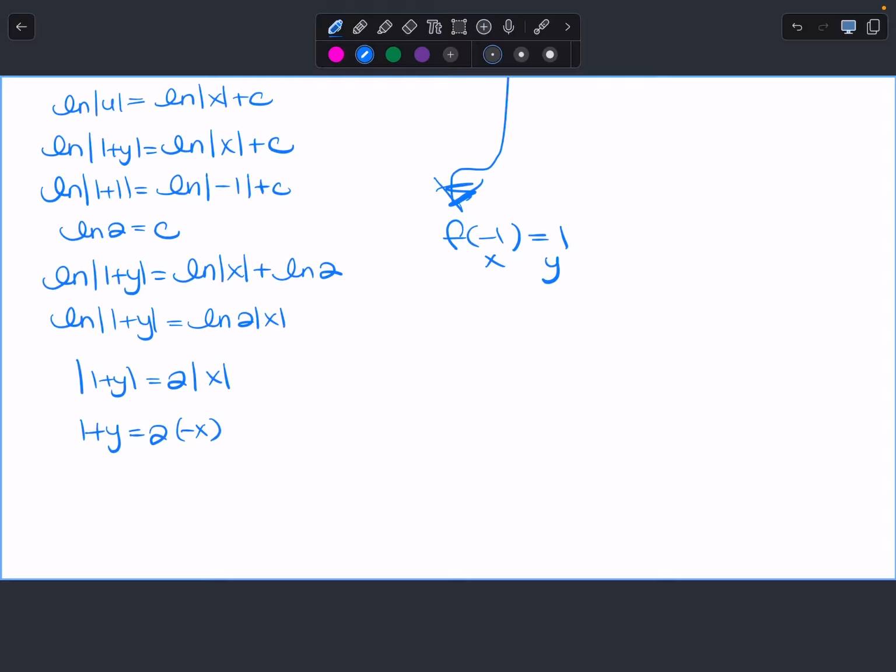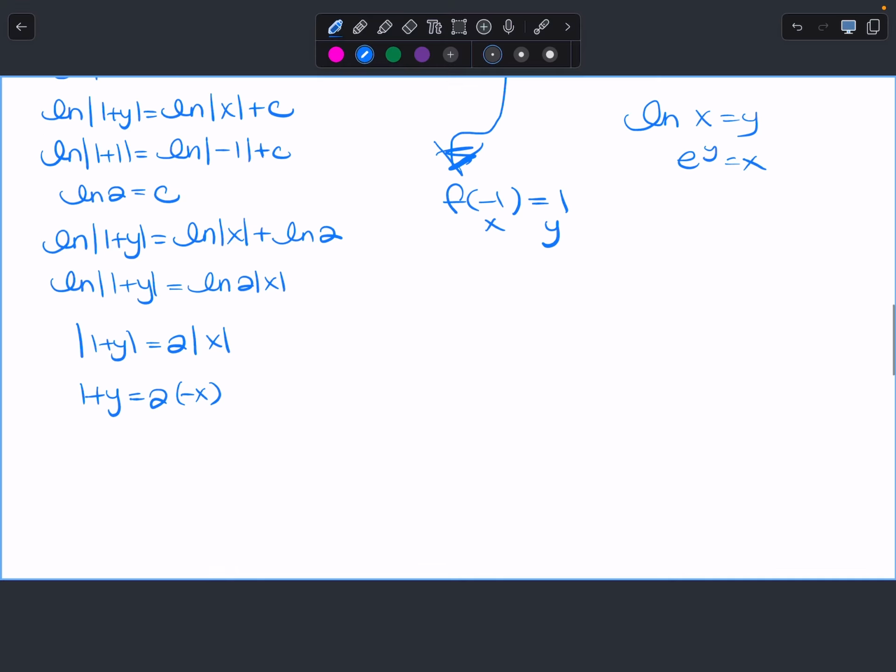So you have to go e to the power of the right side is equal to the argument. Is it log to the power of the base of e? That's a great question because you're going to see that in the problem set. The base of every log is different.